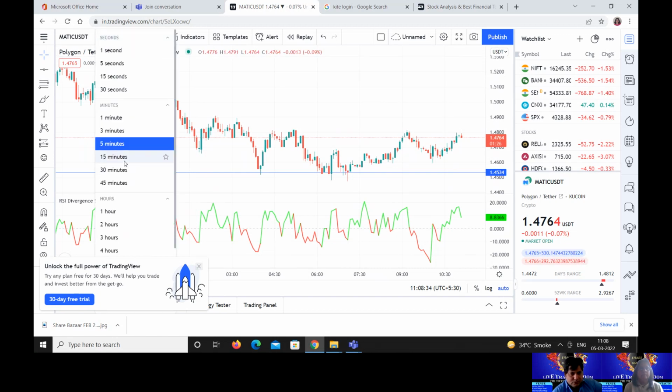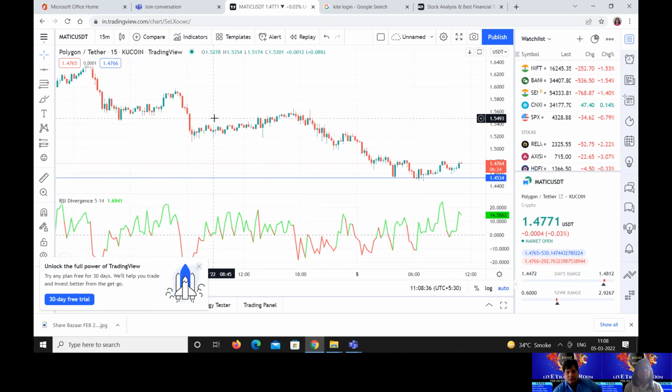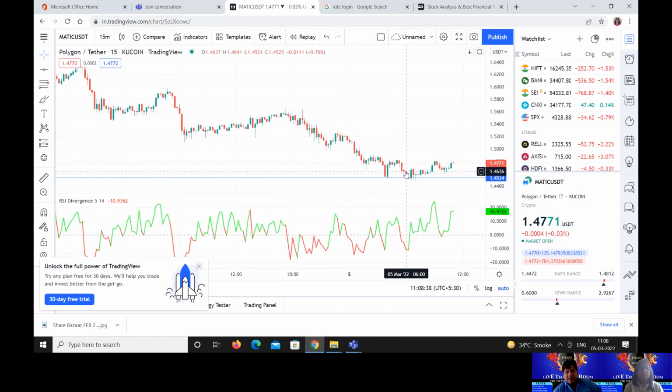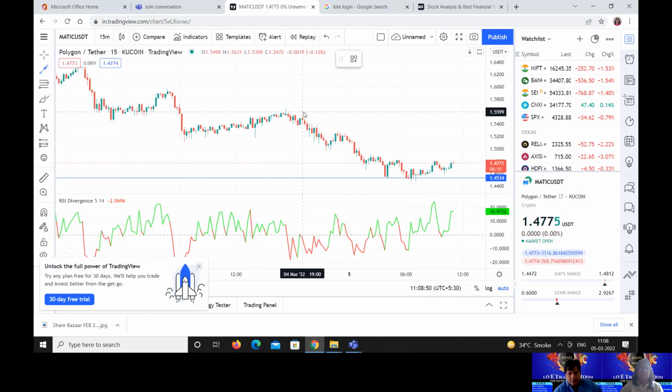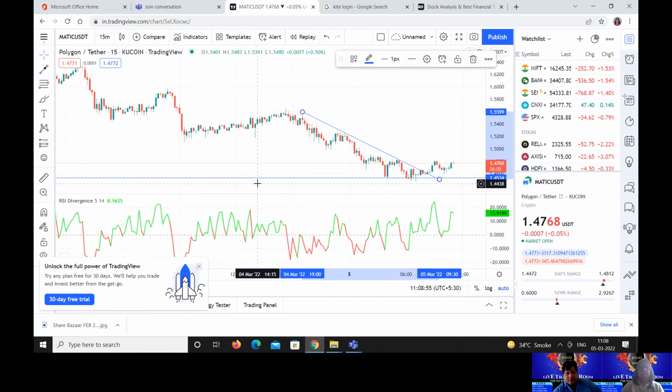Now let's see something on a 15 minute pattern. Look at this. It has taken multiple supports here, and it is forming a type of constricting triangle. You see this? One support line on 15 minutes, nothing more.